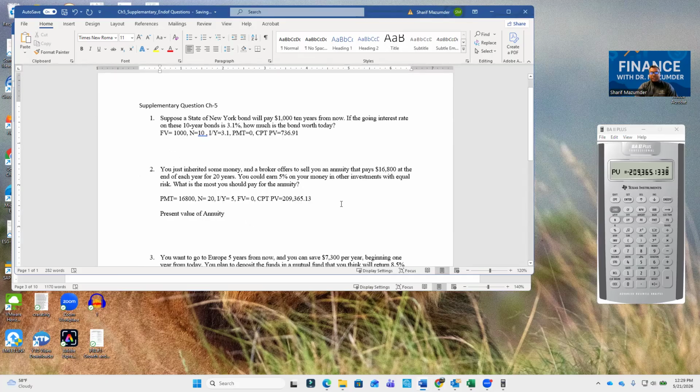For your information, there are two types of annuity. In this problem, the annuity begins at the end of the year.